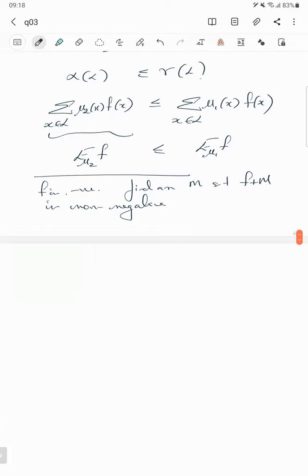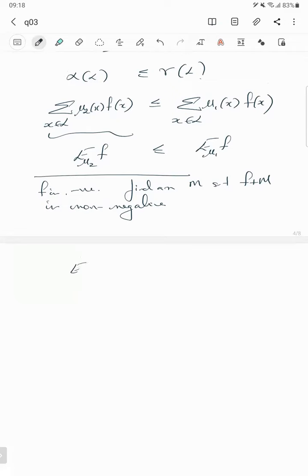You take the negative-most value, or the minimum of f. I'm saying minimum because this is a finite lattice, so you don't have to bother about whether the minimum will exist. It will indeed exist. Take the minimum value and add it so that you get a non-negative function.